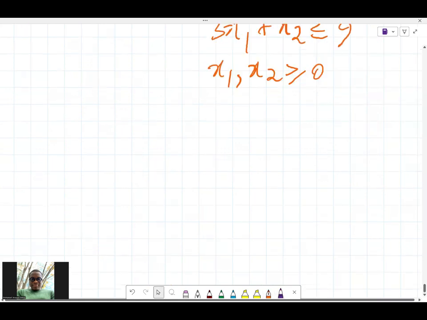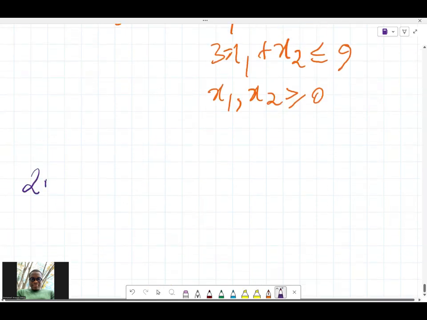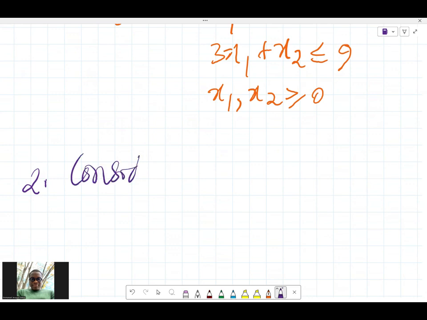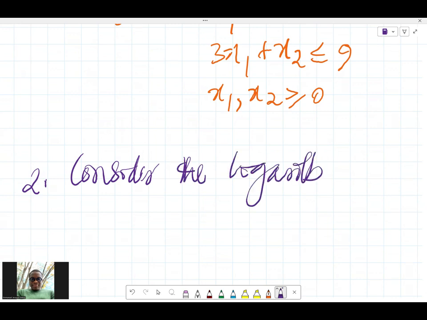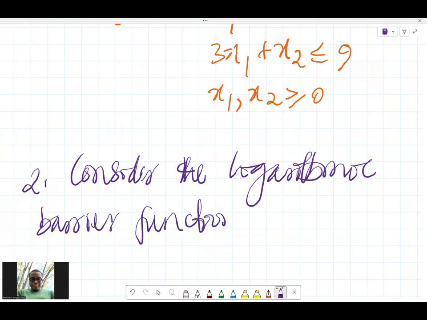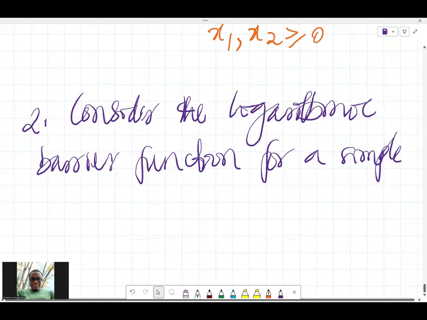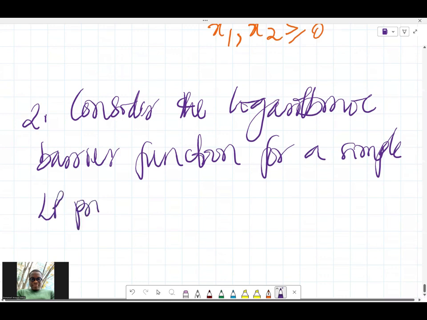Okay, let me see another one. I found another interesting one we can try. Consider the logarithmic barrier function for a simple linear programming problem.